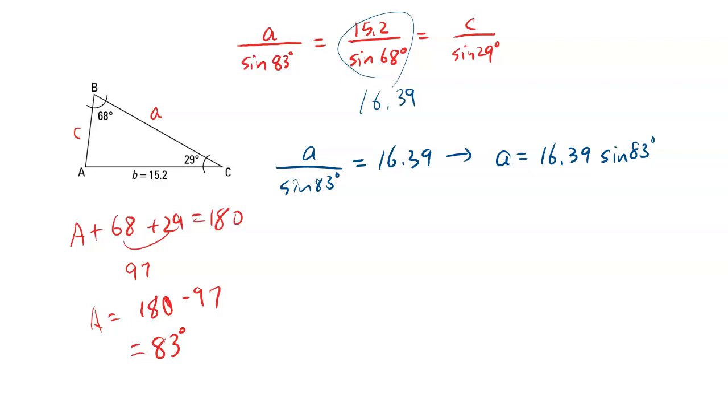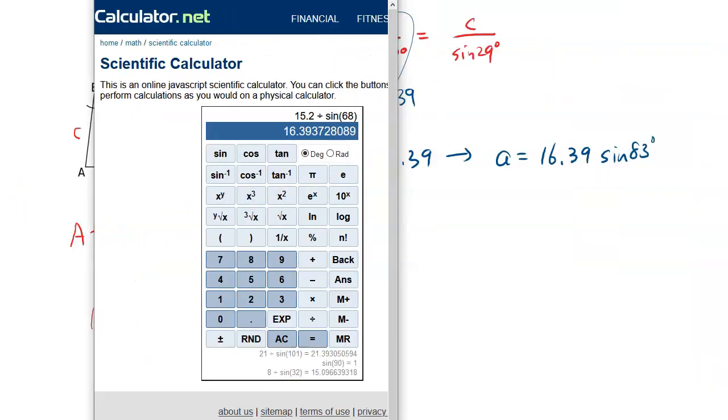Okay, good. So what do we have? We have 16.39 multiplied by, oh, I thought I deleted everything.